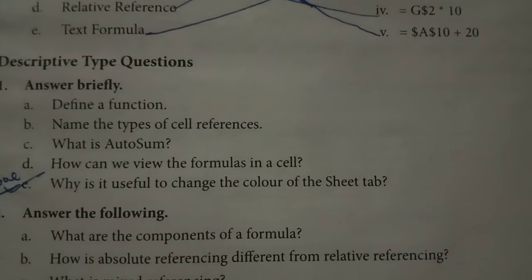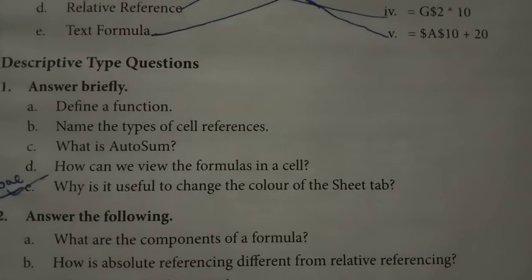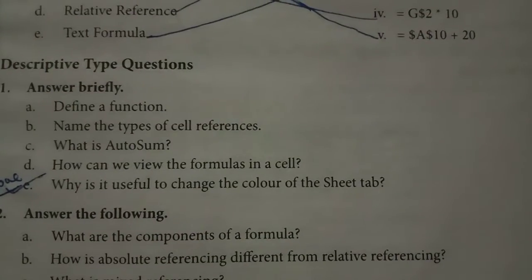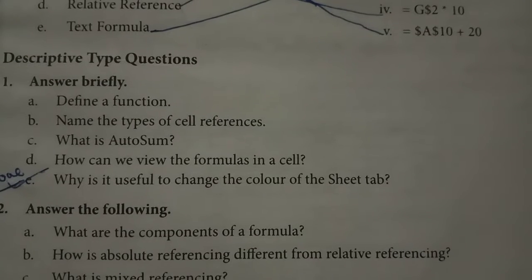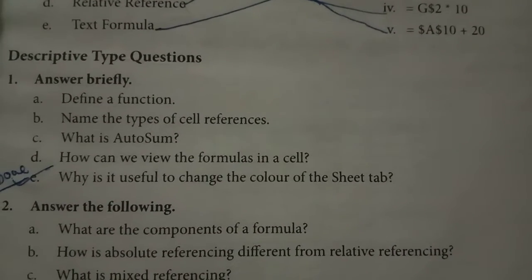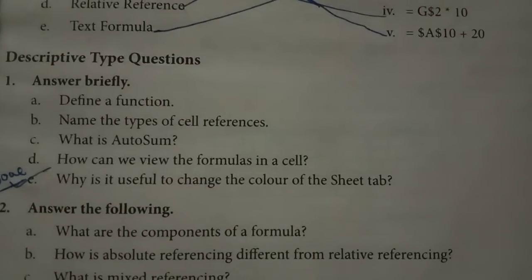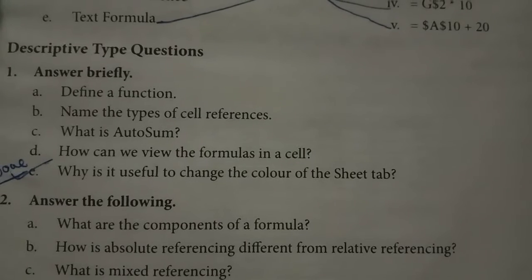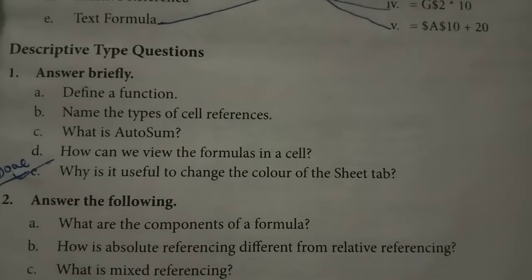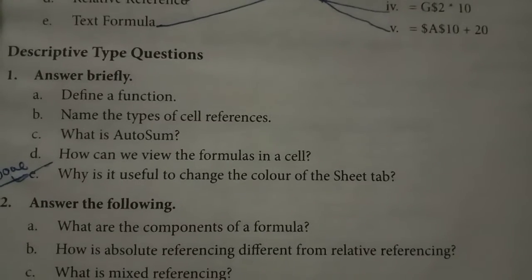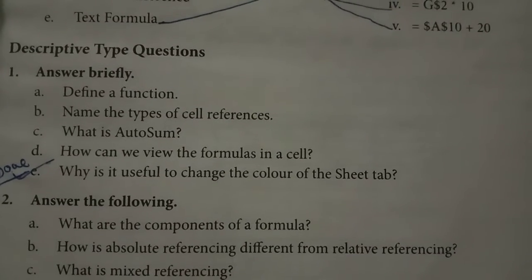The third one, what is AutoSum? AutoSum automatically selects the values around the cell, either horizontally or vertically, it doesn't matter.